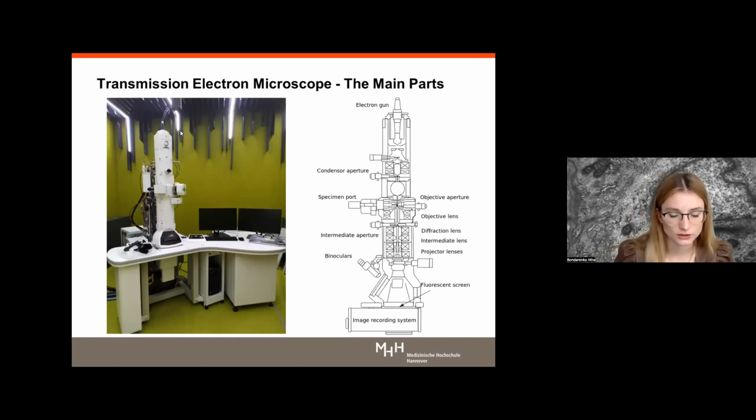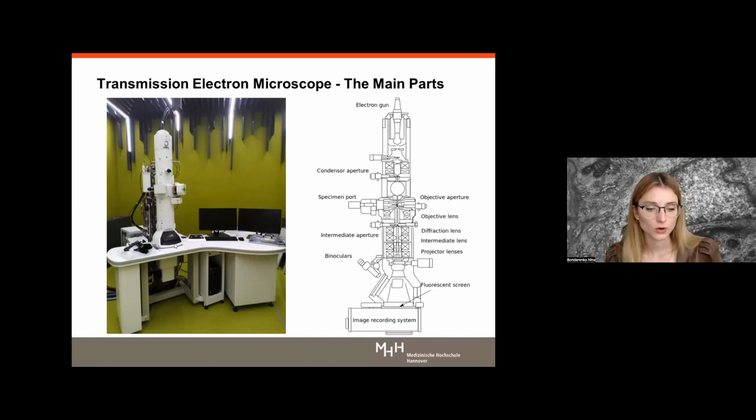So this is a modern electron microscope. How does it look in the laboratory? What can we find here? The electron gun, the column, and here the system of electromagnetic lenses, like the condenser and objective lens, and a set of projector lenses responsible for the magnification of our image.